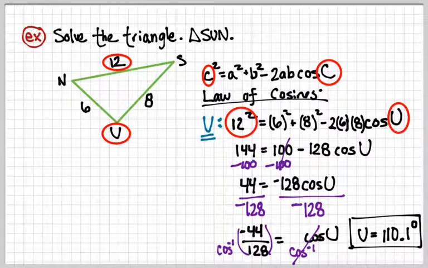Now that we know that U is 110.1, we need to find the other angles. Now, we could use the law of cosines again, but since we have one of our angles, it'll be easier for us if we just use the law of sines. We're going to move into the law of sines now.